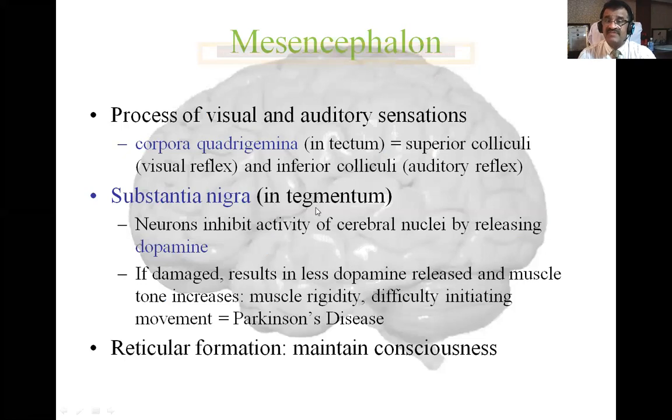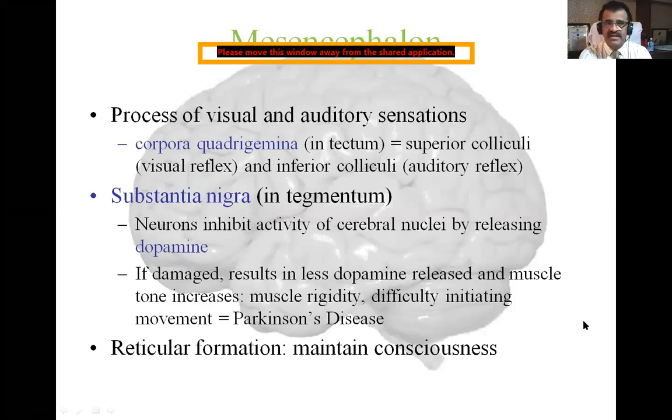Now, the substantia nigra, present in the tegmentum, has neurons that inhibit activity of cerebral nuclei by releasing dopamine. If damaged, less dopamine is released and muscle tone increases, causing muscle rigidity and difficulty initiating movement, which leads to Parkinson's disease. So substantia nigra damage eventually leads to Parkinson's disease.